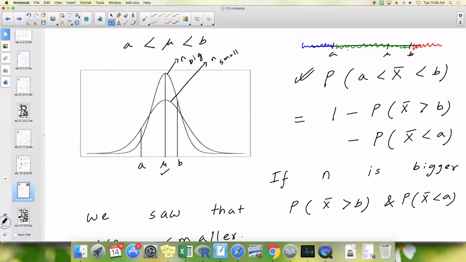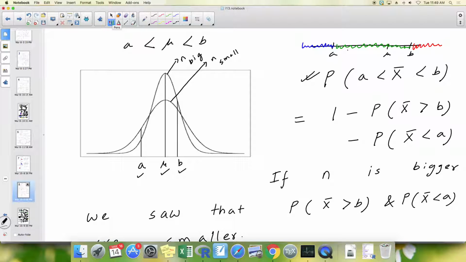There's a number A left of mu. There's a number B right of mu. And we want the area between A and B. So we want the probability x bar lies between A and B. This is not a tail anymore. This is a middle portion.